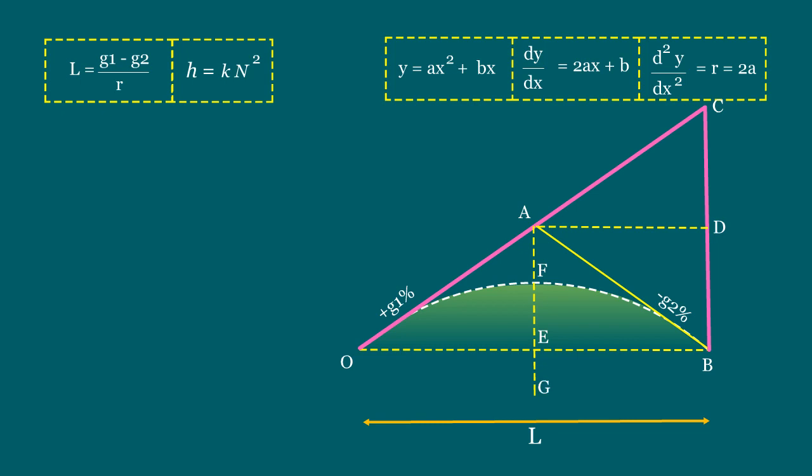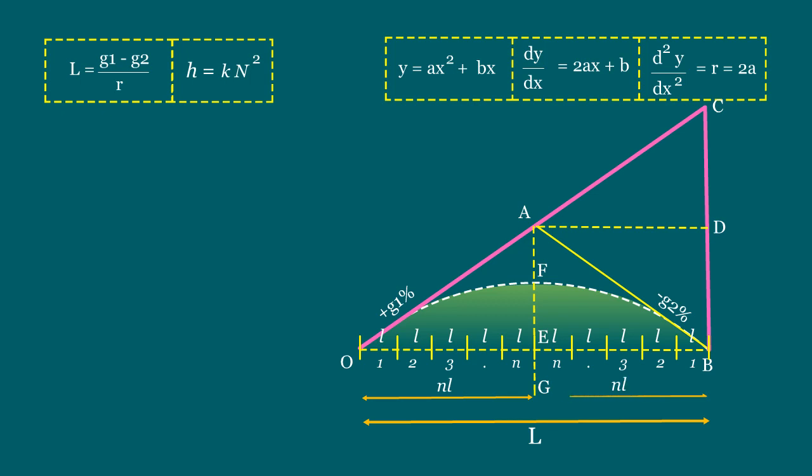Now, let us assume the length of the chord at uniform intervals is L. The number of chords at each side of the grade is n numbers. So, the distance between the starting point O to the midpoint E is n into L, that is nL. Similarly, from the midpoint E to the endpoint B also nL.